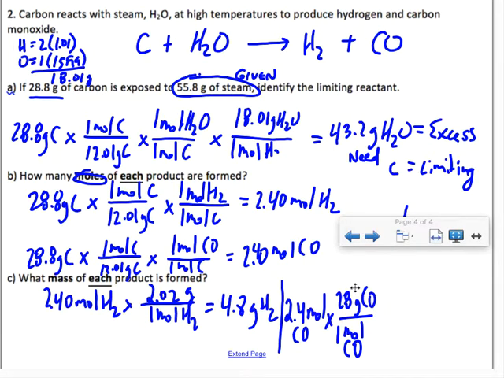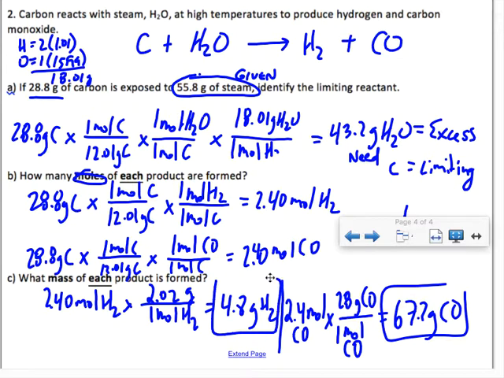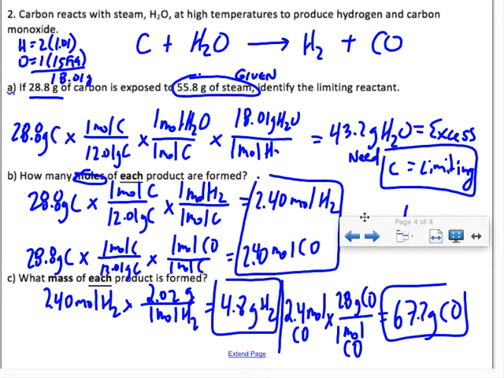So 2.4 times 28 divided by 1, I get 67.2 grams of carbon monoxide. So there are my 2 answers down there. These are my answers for this one, and this was my answer for 2A.